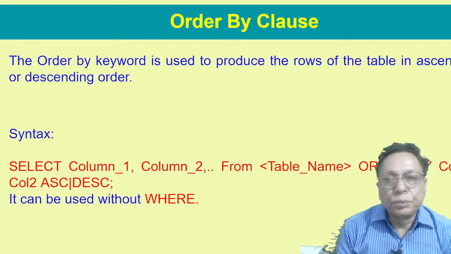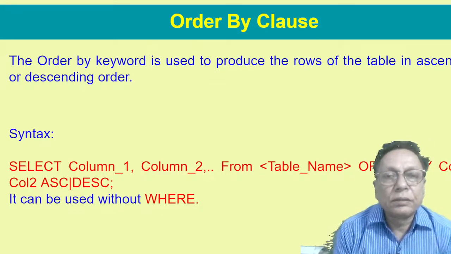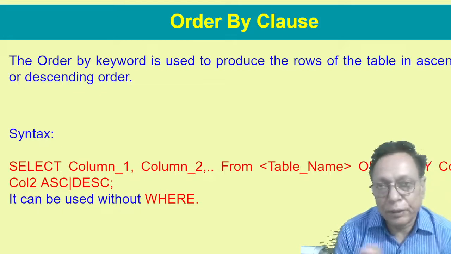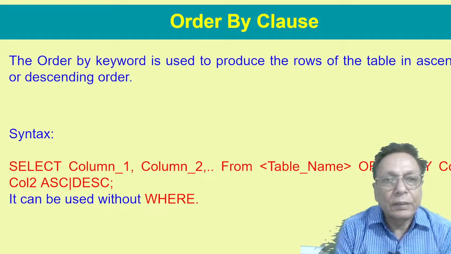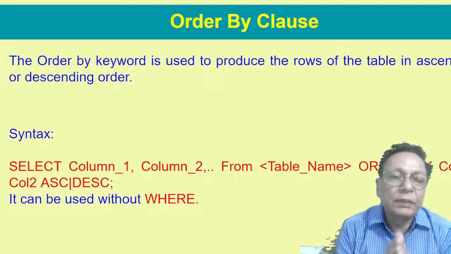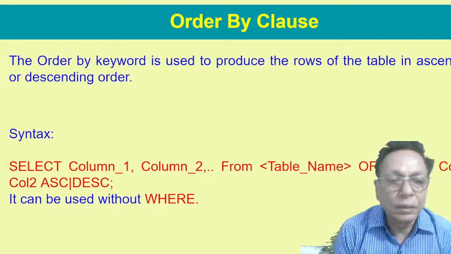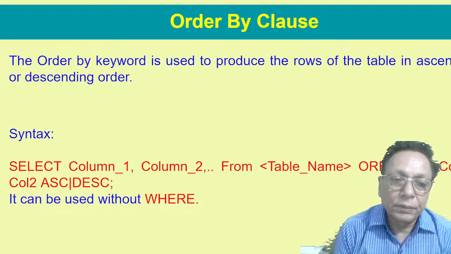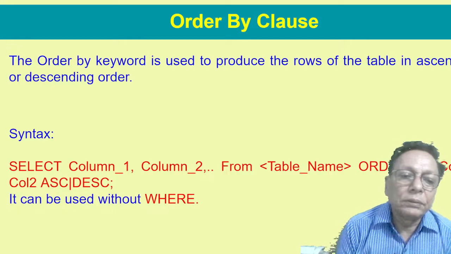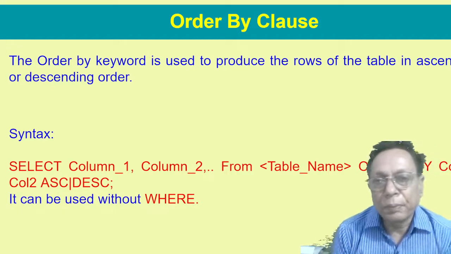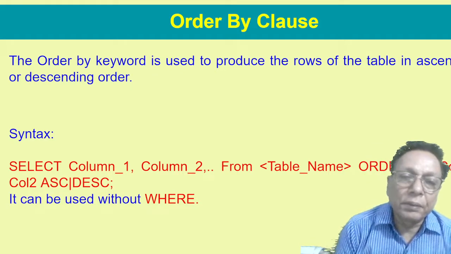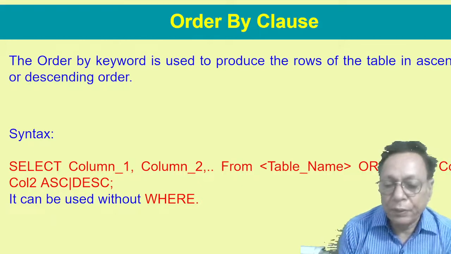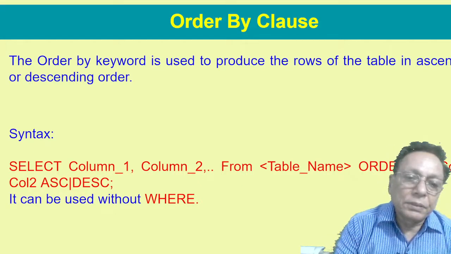But if you want to select records for a particular condition, those filtered records can also be sorted using the ORDER BY clause. So after WHERE you can apply ORDER BY. This is also possible.